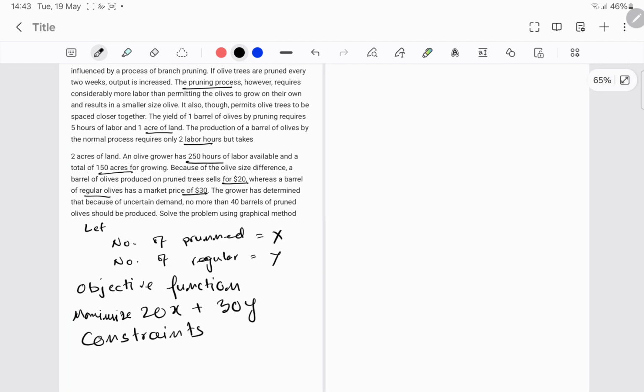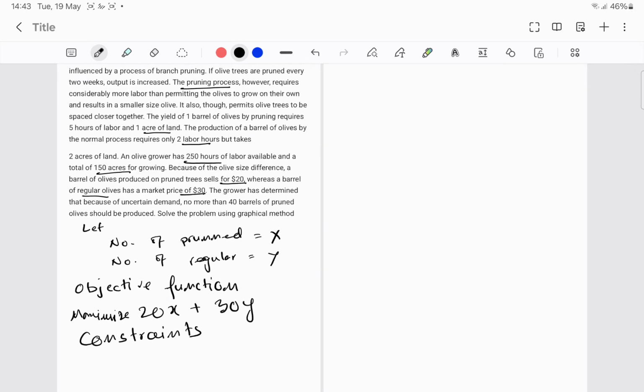So for pruning process we need 5 hours of labor and 1 acre of land for 1 barrel of pruned olive. So 5 hours of labor, 5x plus, and 2 hours of labor for regular, so that should be 2y, and the maximum is 250.